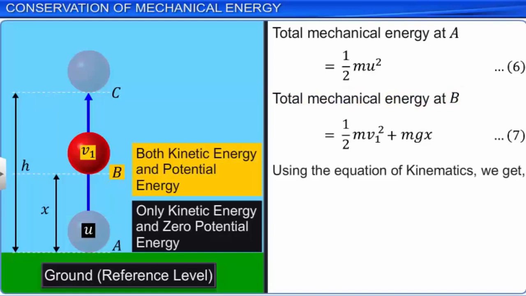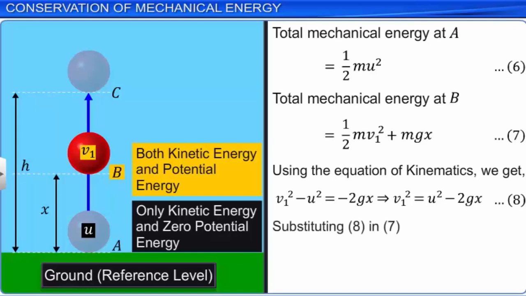Using the equations of kinematics, we get v1 square minus u square is equal to minus 2gx. Simplifying, we get the expression for v1 as v1 square is equal to u square minus 2gx. Let this be equation 8.